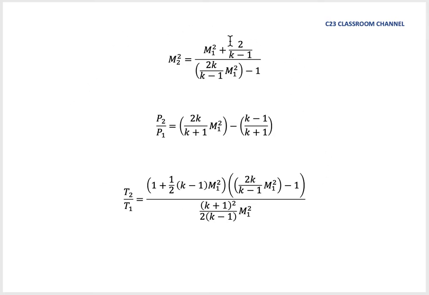This is the full equation. For air, you could replace the value of K here with 1.4 and you could get a simpler equation. But it is worth remembering all these equations.